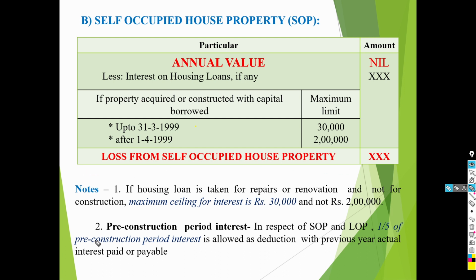Now there are two notes necessary to remember at the time of solving the problem of income from house property. First note is, if housing loan is taken for repairs or renovation and not for construction purpose, at that time the maximum ceiling for interest is rupees 30,000 in place of rupees 2 lakh.